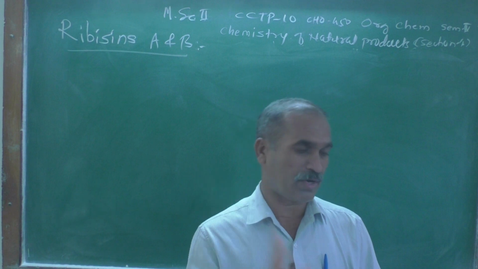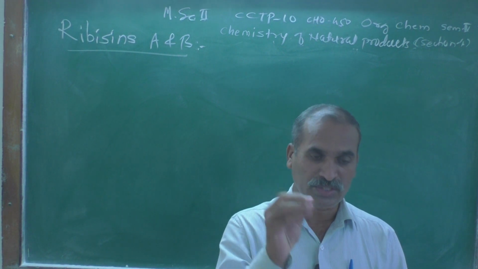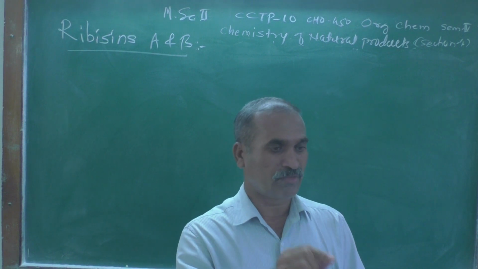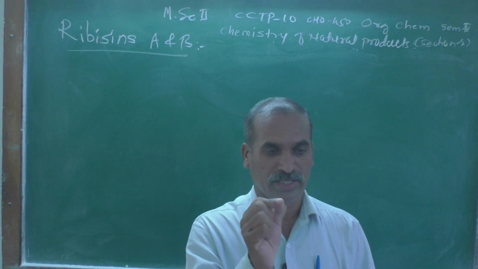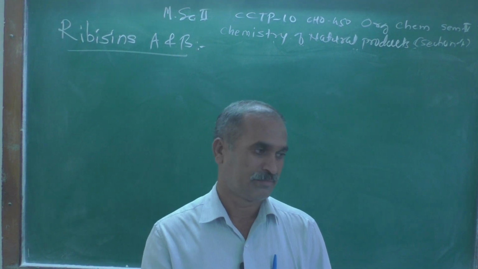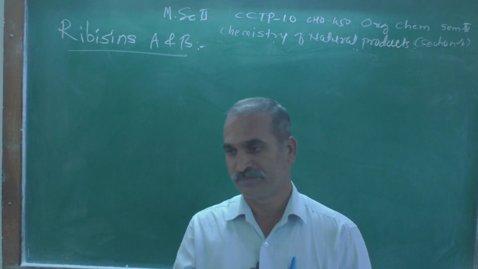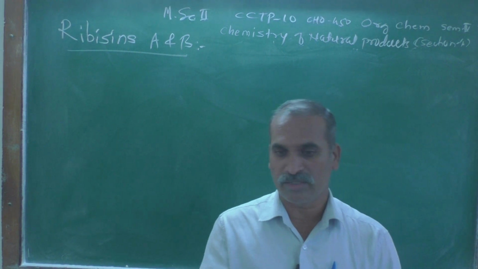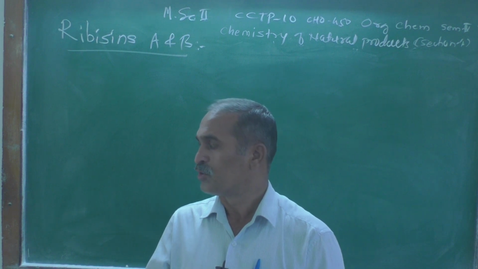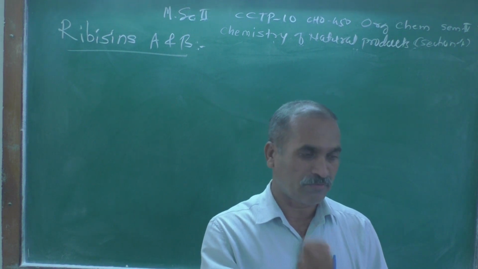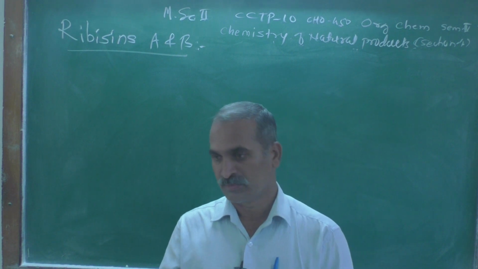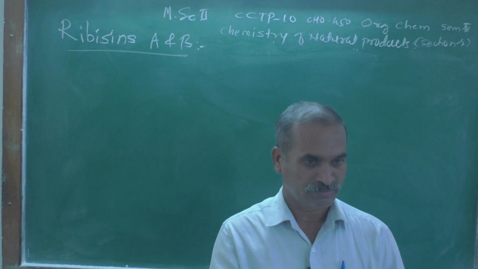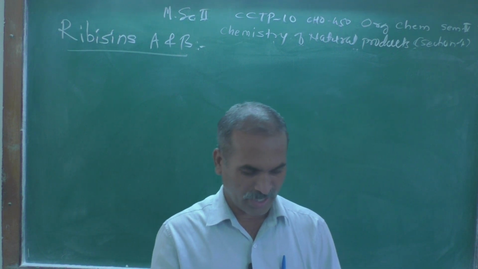There are a number of products, but using a specific catalyst enzymatically, it will selectively produce only that product or the isomer which is needed, which is required, or which is useful, or which can act as a drug, or which is beneficial for the living organism.